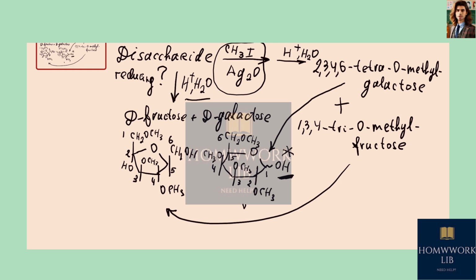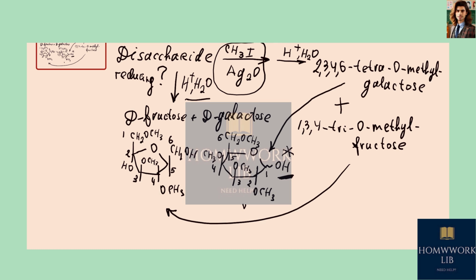So now we need to determine which group in fructose was engaged in bonding. This OH group in galactose was released during hydrolysis because it was engaged in bonding, and it wasn't methylated in the first place because there was no OH group. It was engaged in the acetal.